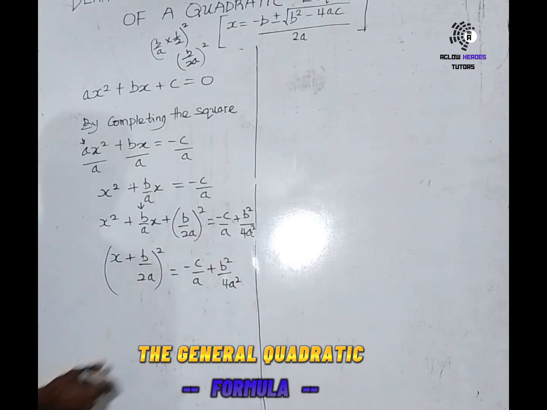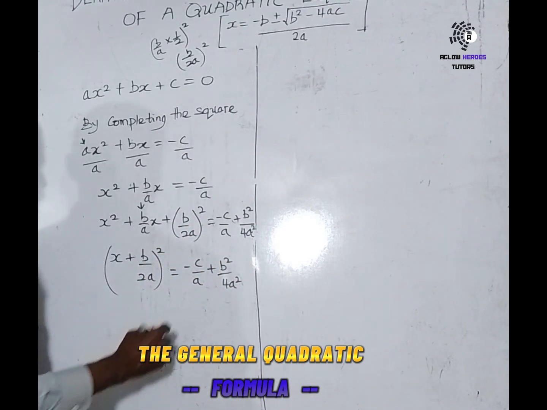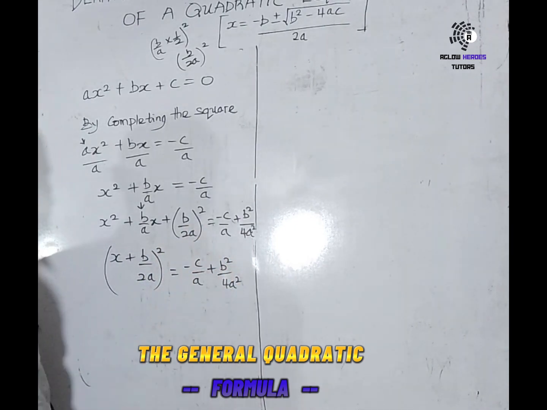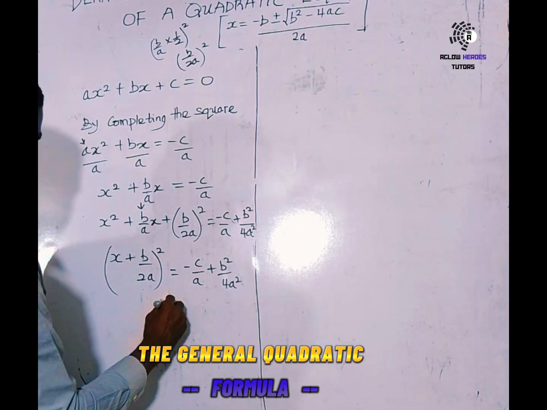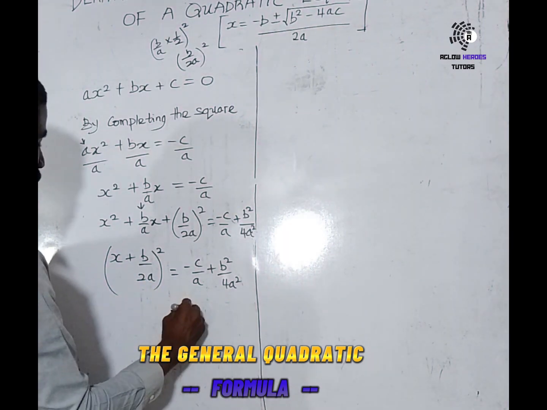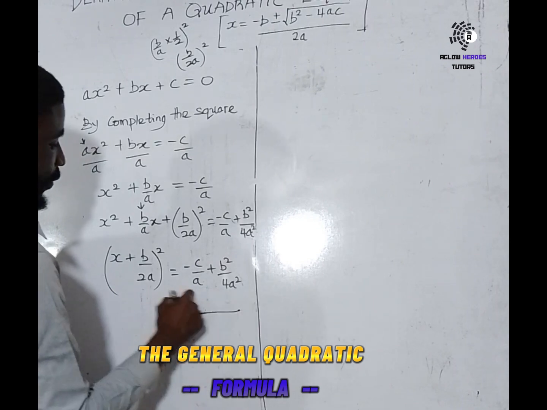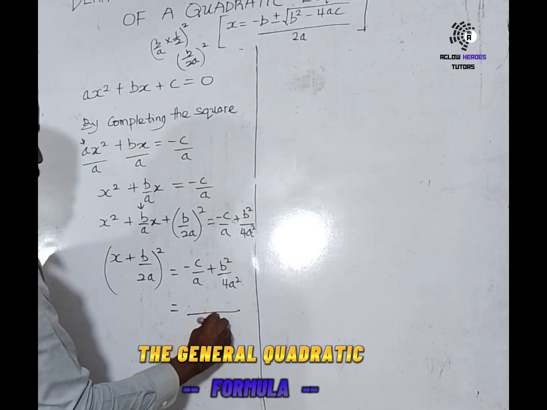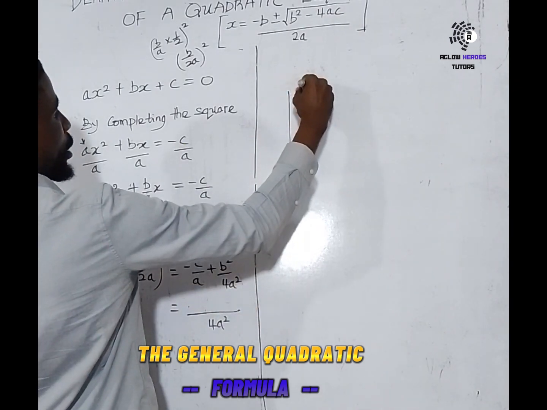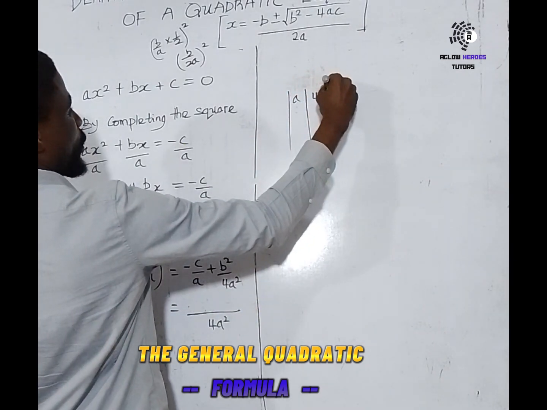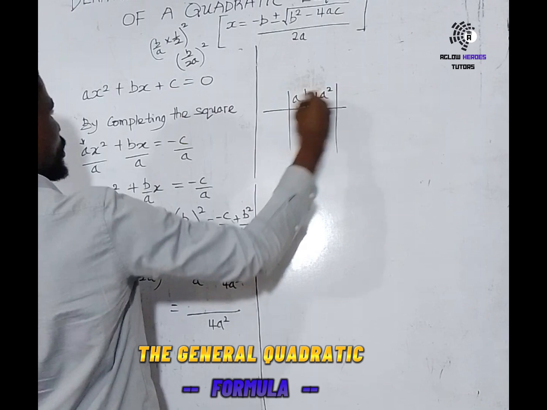If you look at the right hand side of the equation, you see that we are having two fractions. I'm going to make it one. So we're going to say this plus that, from the LCM of a and 4a squared, which is 4a squared. We are looking for the LCM of algebraic expressions.